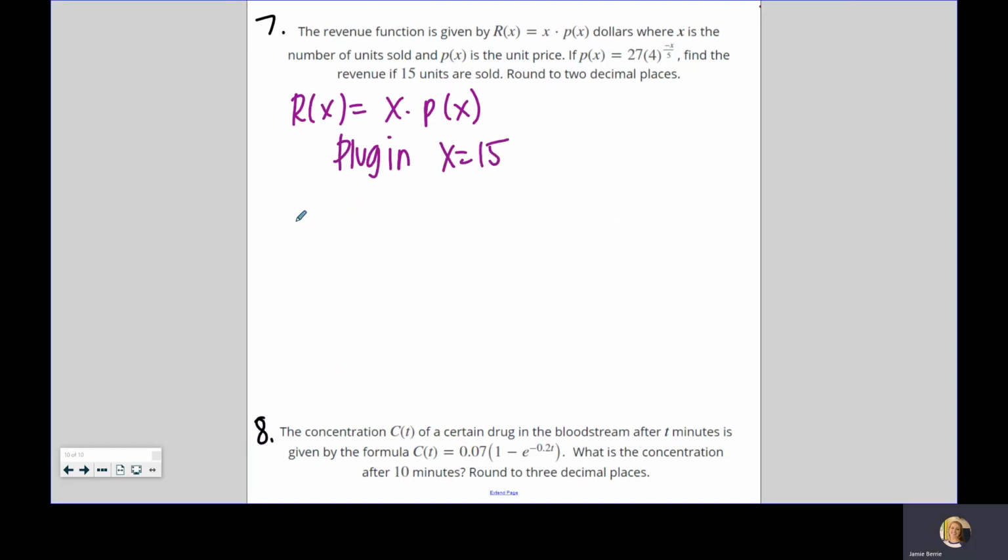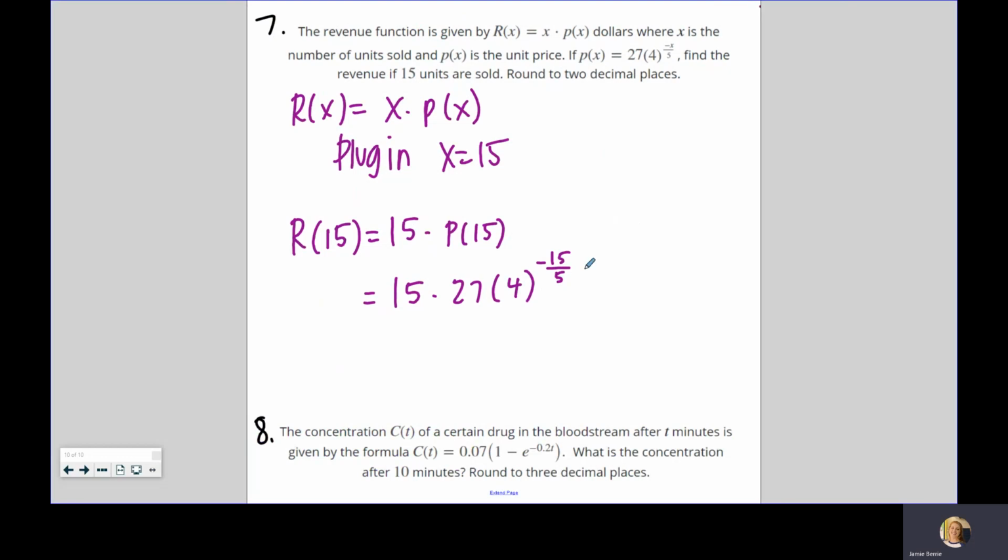So we have R of 15 equals 15 times P of 15. Here's P of X, so we plug in X there. So it's 15 times 27 times 4 raised to the negative 15 over 5.